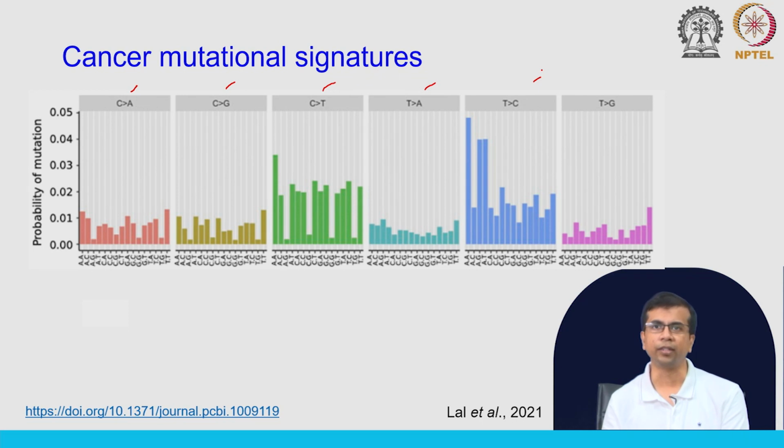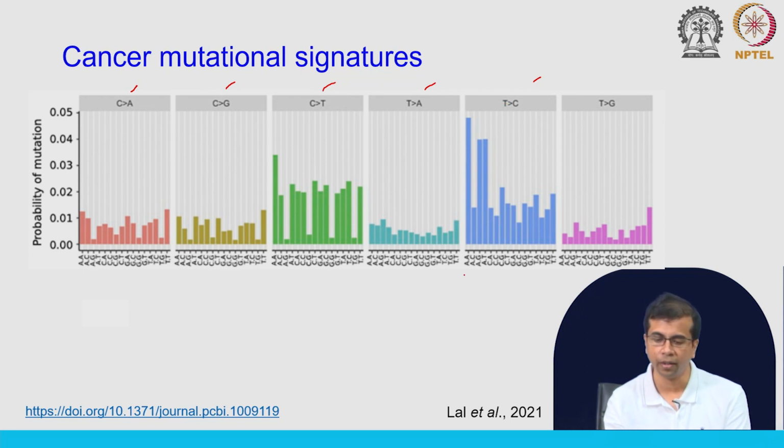This is for one type of cancer, and as you can see, we see a lot of this C2T mutation, and we also have a lot of T2C mutation. What else you can observe here is that the C2T or T2C mutations occur in certain contexts much more often than others.